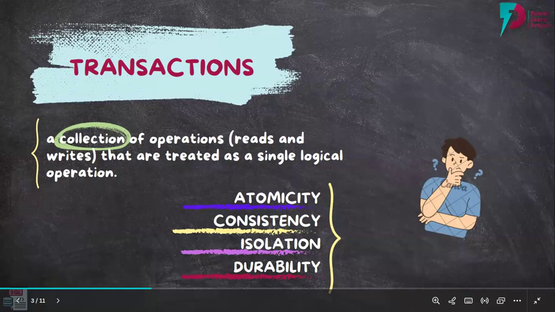And finally, durability guarantees that changes made by a committed transaction are saved. Durability simply means that all those changes must be saved to your database, or to the storage area where you have your database. We are all good on that.